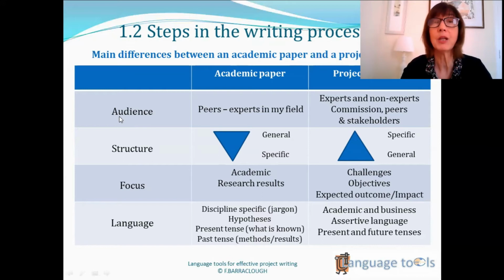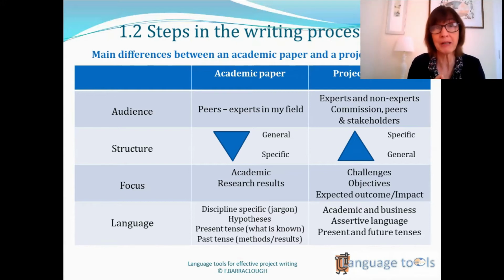To begin with, your audience, okay? When you write an academic paper, you're writing for other academics in your field, other experts. They already know about your field, they understand your jargon and more or less what you're talking about, your peers, okay?